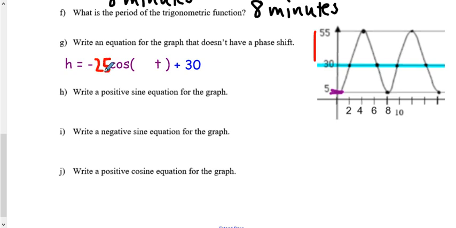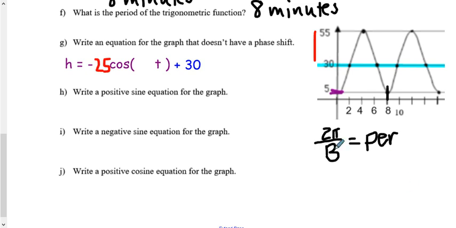The last thing that I'm going to need to do is change the period. The period of a regular cosine graph is 2 pi, but my graph has a period of 8 minutes. Normally, if I take 2 pi and divide it by the number that goes into my equation, which we call b in the standard form, that gives me my period.